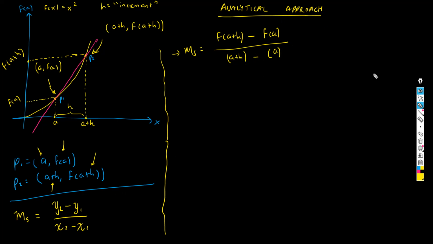Now what? Let me raise this thing. Now what? Okay. In the same way that we did the exercises in the last class about having f of a number and so on, we're gonna simplify this a little. So first, f of a plus h. What is your function? Your function f is the function x squared.